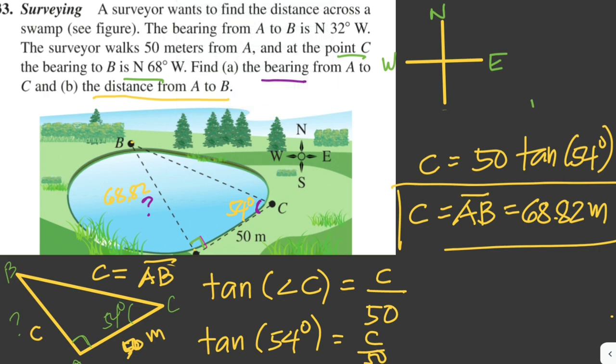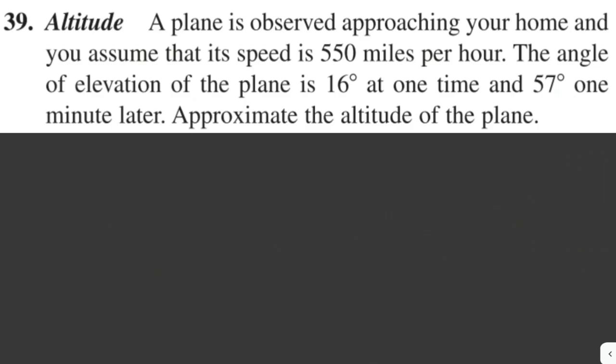Let's solve another problem. A plane is observed approaching your home, and you assume that its speed is 550 miles per hour. The angle of elevation of the plane is 16 degrees at one time and 57 degrees 1 minute later. Approximate the altitude of the plane. Now to solve this, we need to visualize the plane and its altitude.